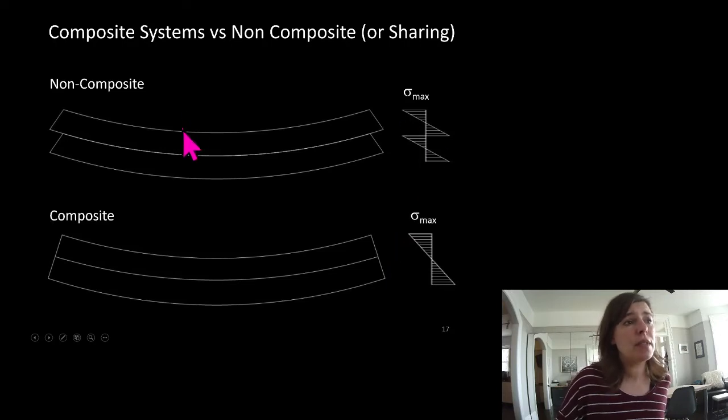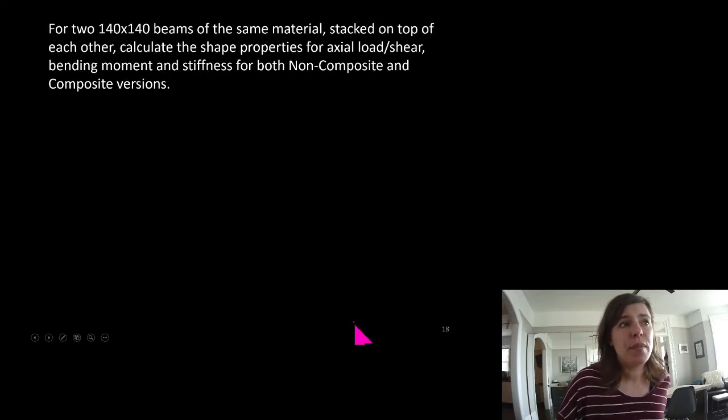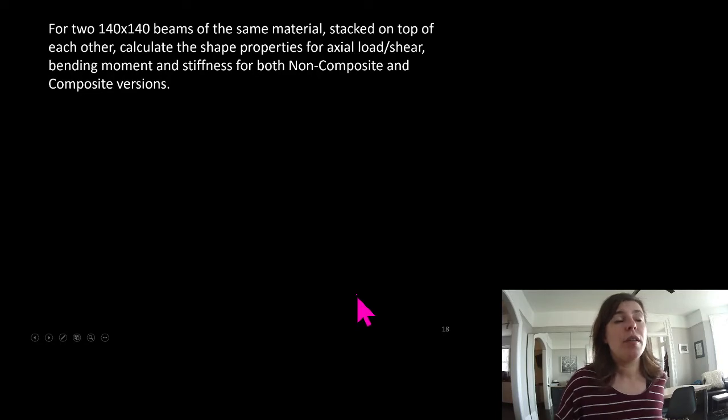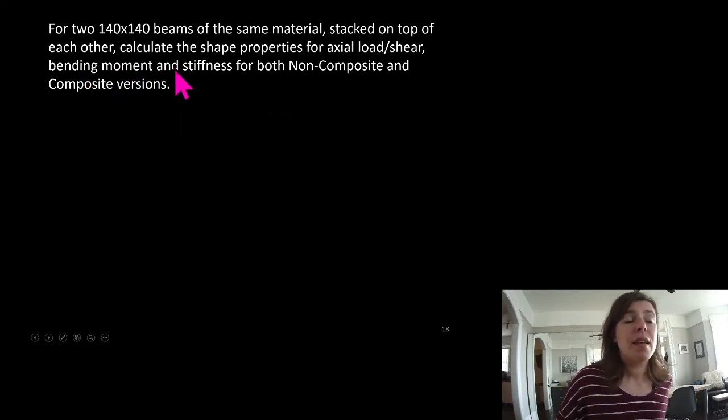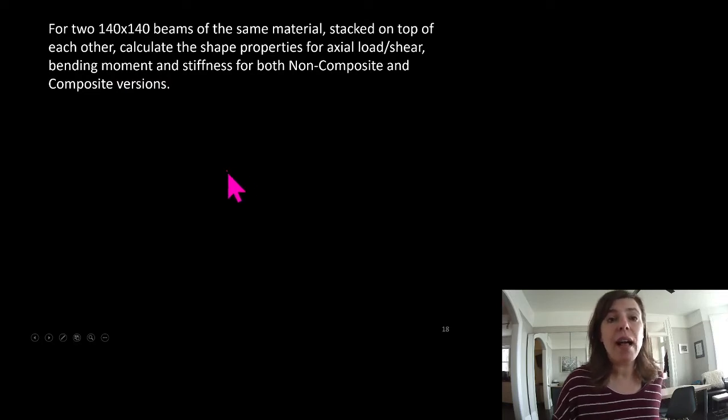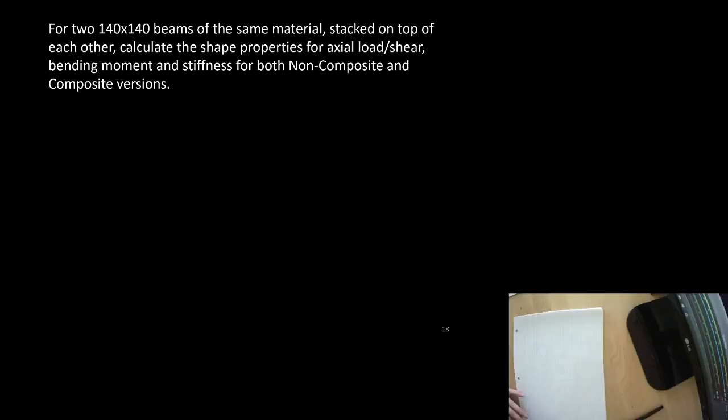So, non-composite, composite. Let's take a look at two 140 by 140 beams of the same material stacked on top of each other. We're going to calculate the shape properties for axial and shear, bending moment, and stiffness. Remember, both axial and shear are just area. For bending moment, the shape property is S, and for stiffness, the shape property is I. We're going to calculate it for both the composite and non-composite versions.